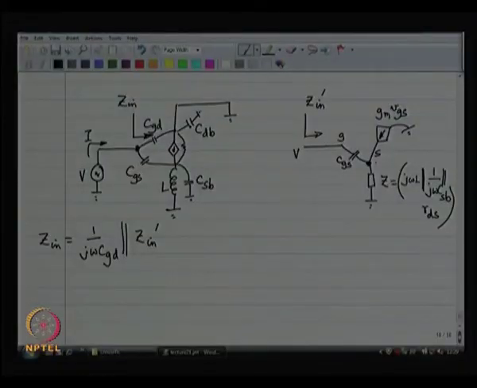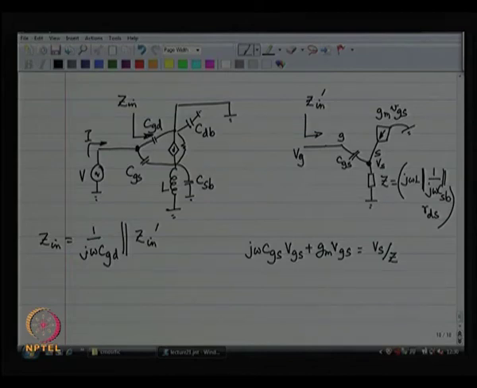Let us say I have applied Vg, this is Vs. So, therefore, if I work on Kirchhoff's node equation, I get j omega CGS times VGS, that is the current going through CGS, plus GM times VGS, and that is equal to Vs by Z. Okay.